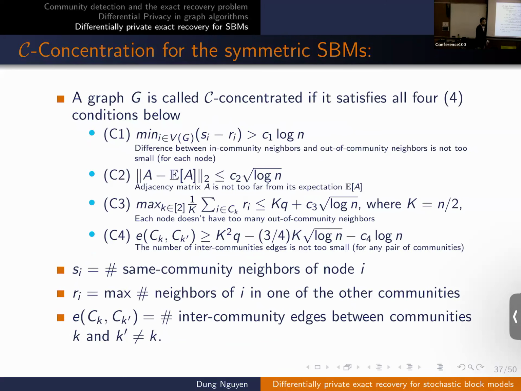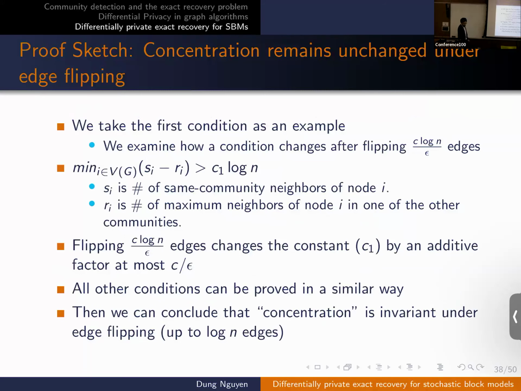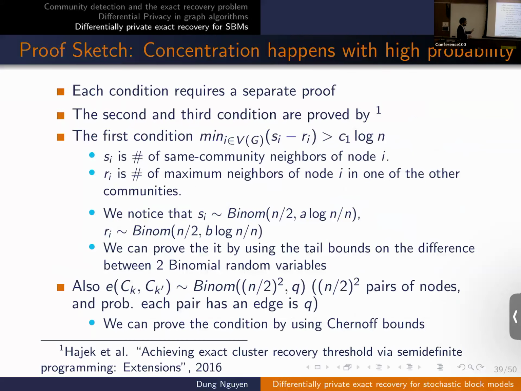We change up to log n edges, and we measure how these quantities change, and we guarantee that the condition still holds, although the constant may change a little bit. So that's the first statement. We prove that the concentration remains unchanged under log n edge flipping.